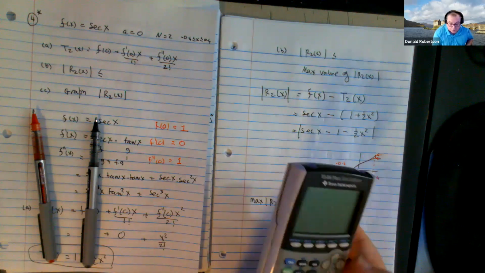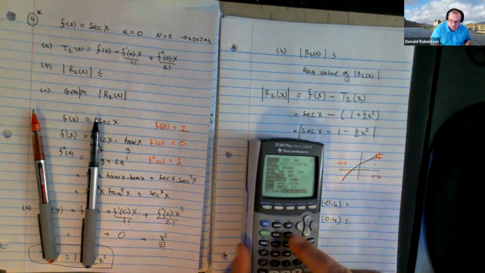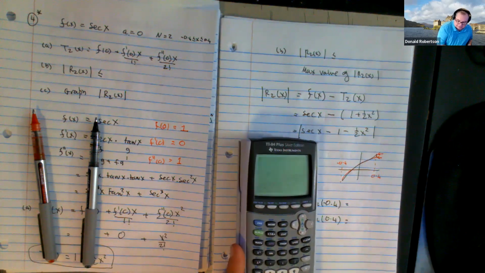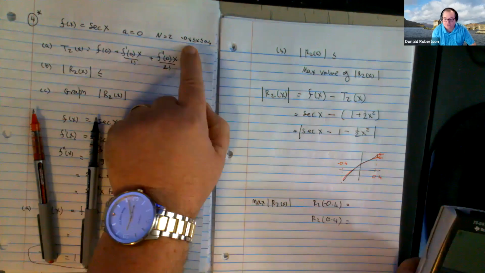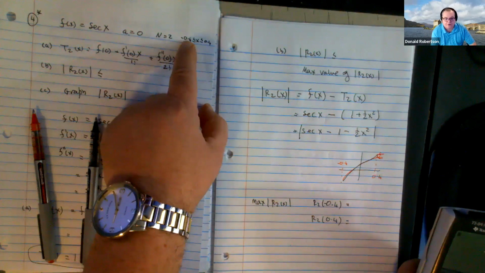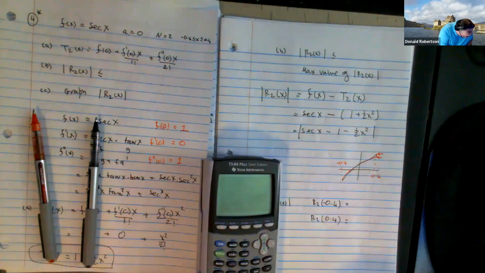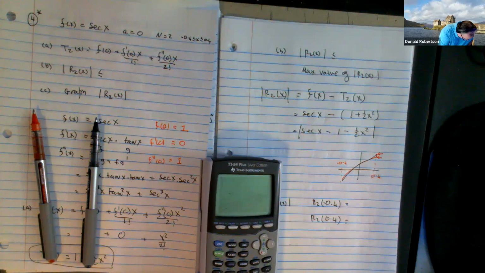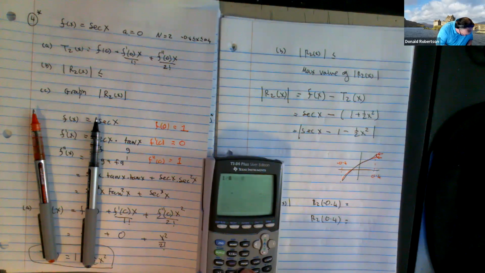And I go into mode and I make sure it's in radians. And now I'm good to go. If you want to find the remainder function at, oh, and you're wondering where the negative 0.4 came from, it was in the question, right? It was from this to this. So I'm going to do the secant, which is basically, from scratch, 1 divided by the cosine of negative 0.4.